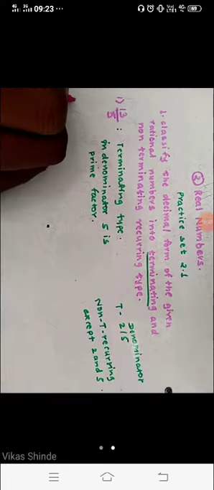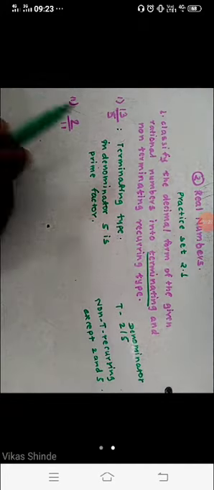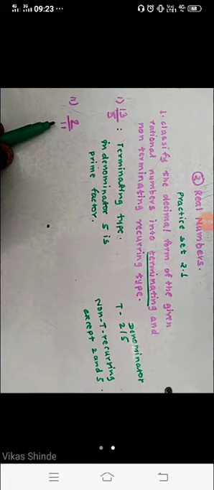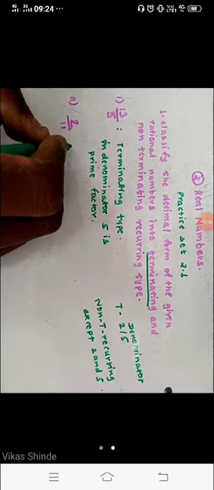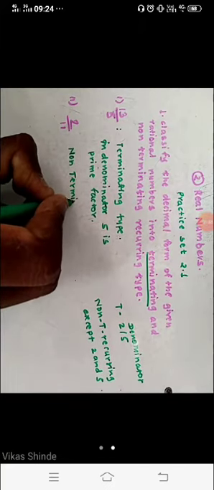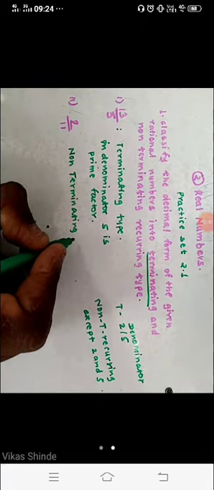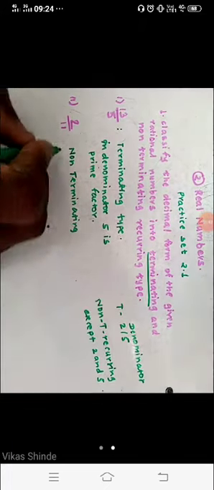Now the second one, look students, 2 upon 11. Here at the denominator, other than 2 or 5, the prime number 11 is there. So we have to write non-terminating recurring type.